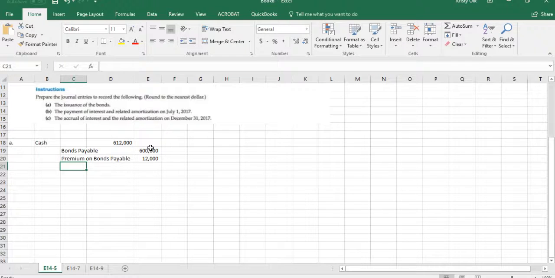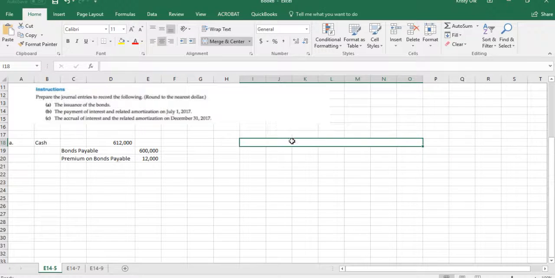So to figure all of this out, when it comes to what our payment of interest and our related amortization would be at any specific point in time, we need to create an amortization table. When we sell a bond, when we have a bond issue, we would create this at that exact point in time.